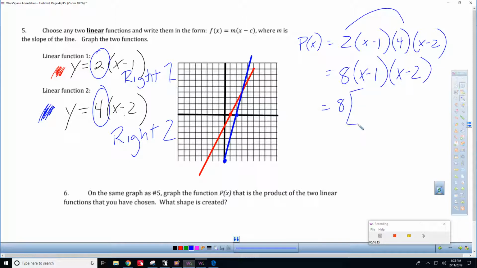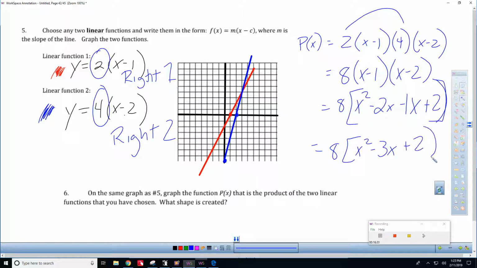So it's 8 times x squared minus 2x minus 1x plus 2. Sorry. So it's 8 times x squared minus 3x plus 2. So it's 16x squared minus 24x plus 16.